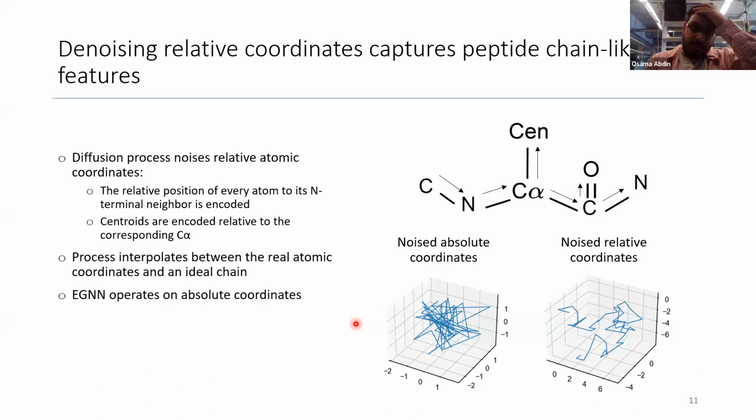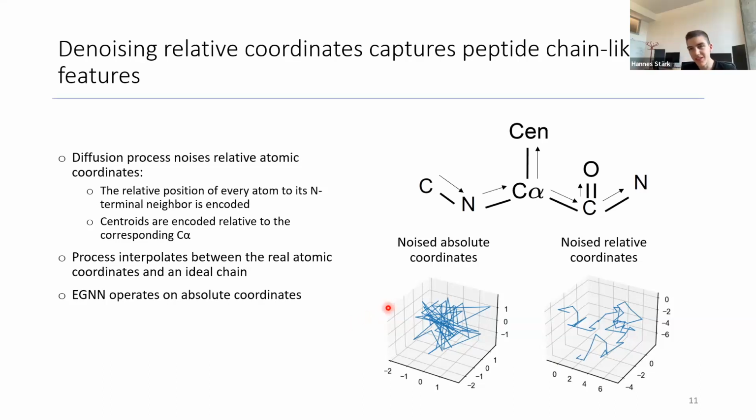Exactly. So the model outputs a change in the absolute coordinates, and those are converted to a change in the relative coordinates. Because the mapping from the absolute coordinates to the relative coordinates is bijective up to a translation constant, but since the EGNNs are translationally equivariant, that doesn't matter.